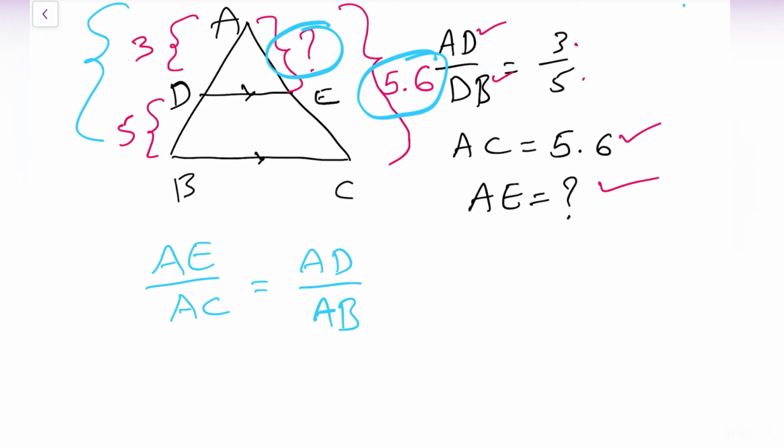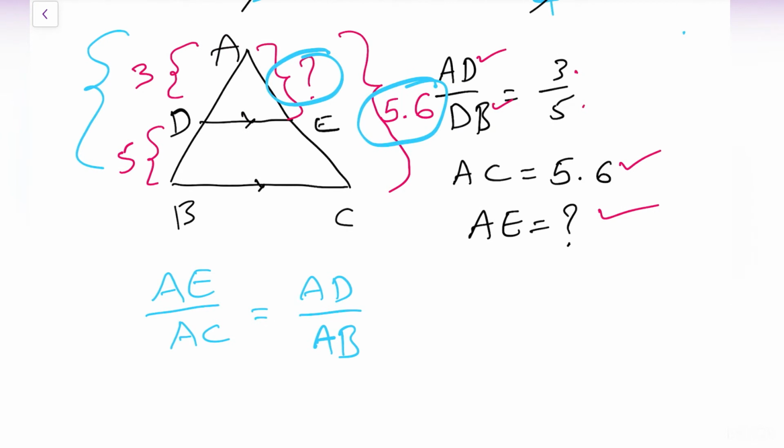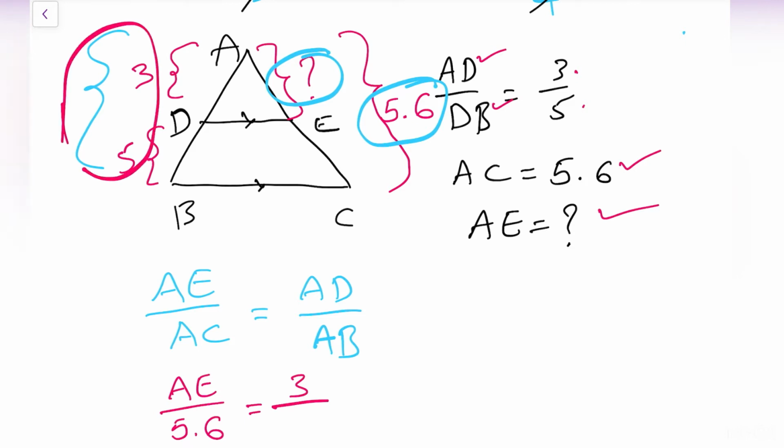Now let us substitute the values. AE measurement is not given, so AE by AC, given as 5.6, equals AD given as 3 divided by AB. AB means total left side part, so that is 3 plus 5, 8.